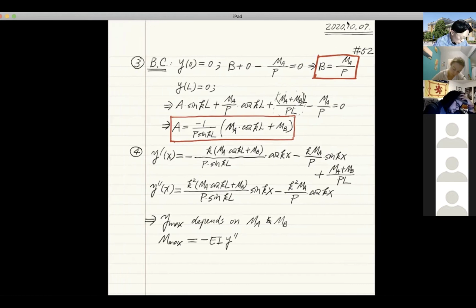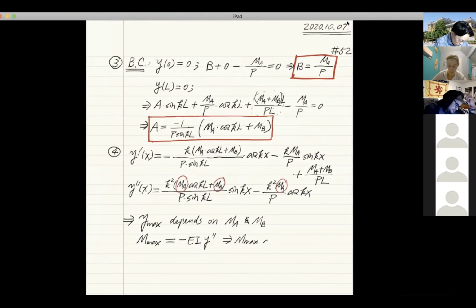So even in the expression of Y double prime of X, there's still MA and MB, right? You still have MA here, MB here. Which means that even the maximum moment also depends on MA and MB. So we're going to say that M maximum also depends on MA and MB.